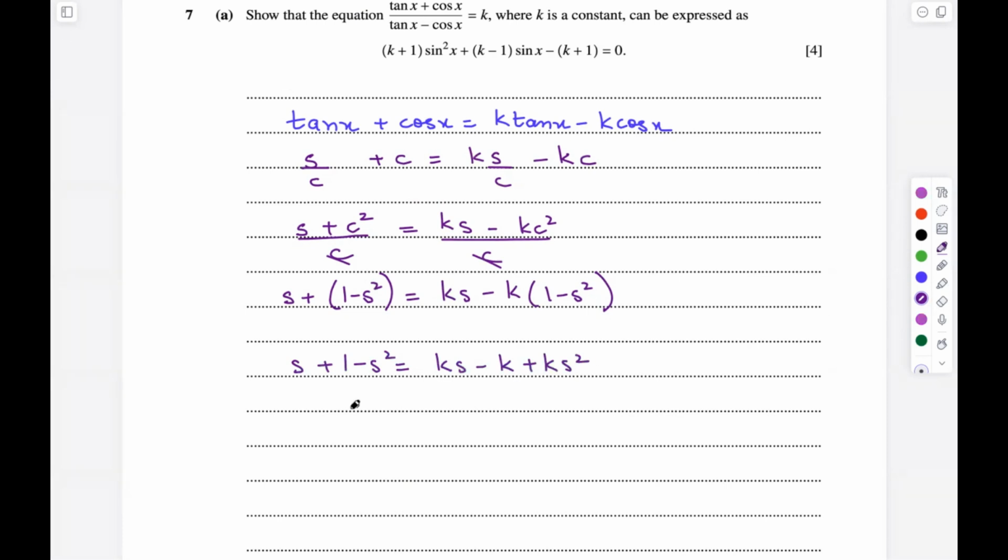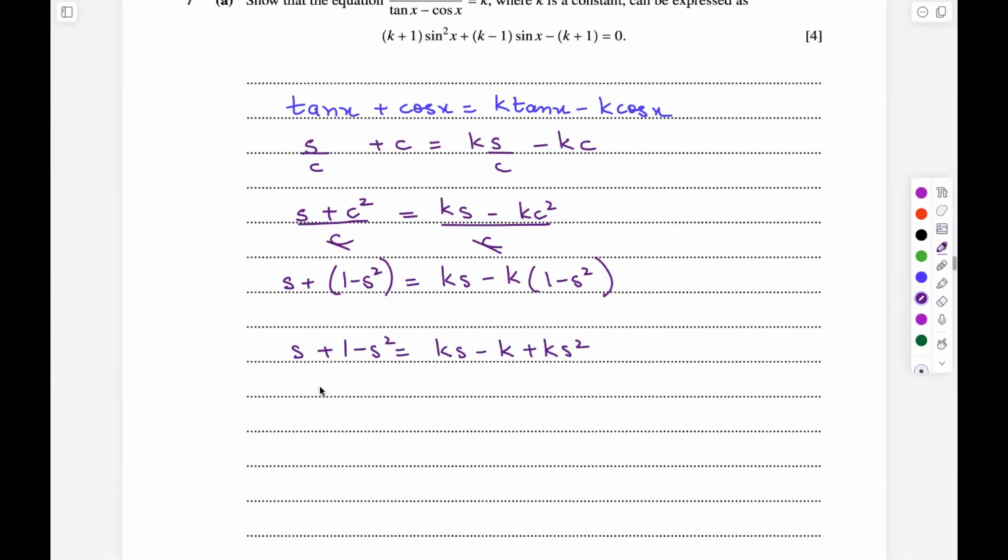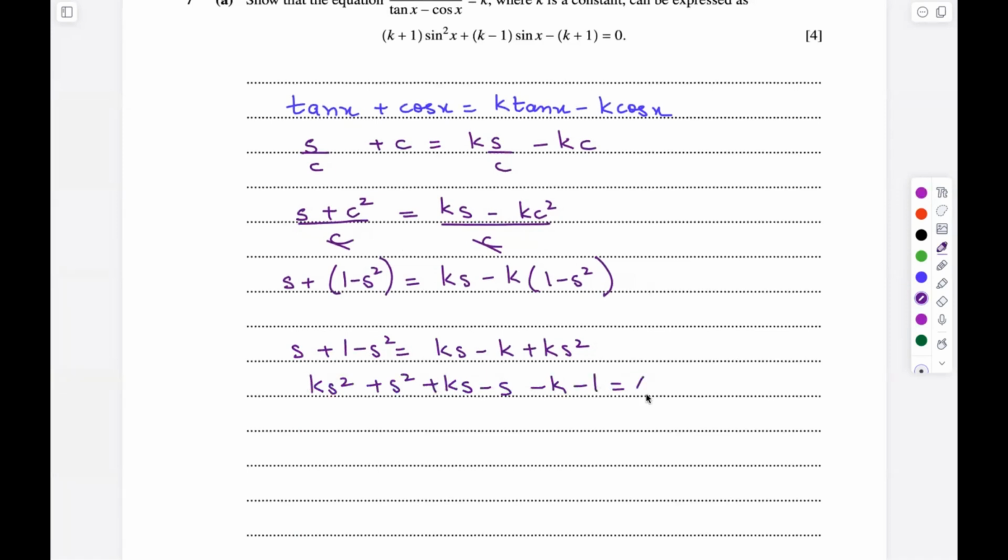Now bringing the complete equation to the right hand side to keep the sine squared positive. So this will become k sin². This minus sin² will go on the right hand side and become a plus sin². This plus k sin will remain as it is. This will become a minus sign, this is a minus k up here, and the plus 1 will come on this side and become a minus 1.